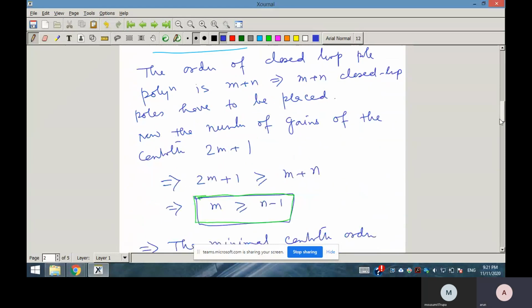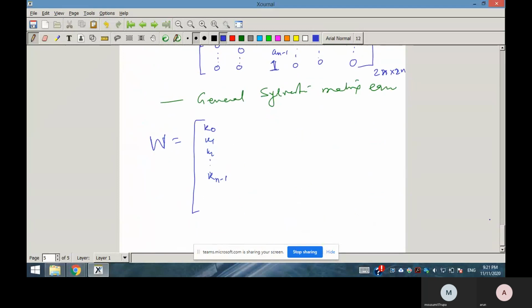So here better to write kn minus 2 and then 1, and then after that it will be h0, h1 up to h of n minus 1.